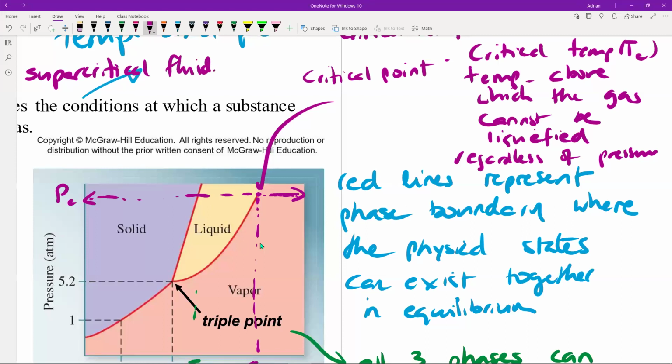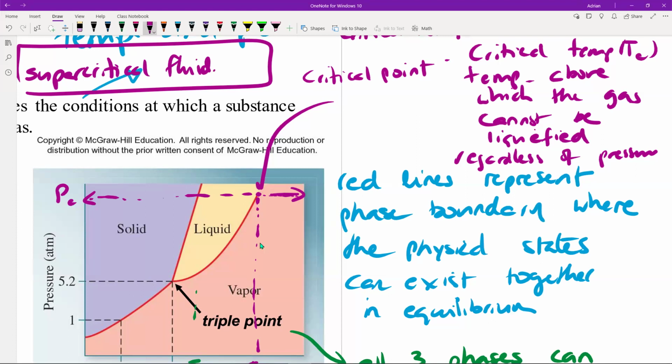These are not very common, but in some cases they are very useful. They have very distinctive properties, and in some cases they're used as solvents in several industrial applications.